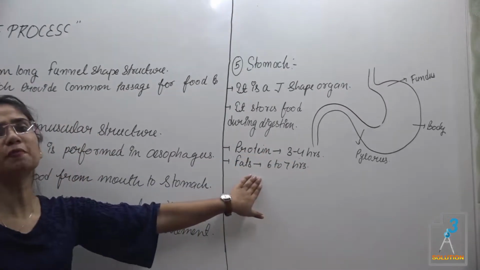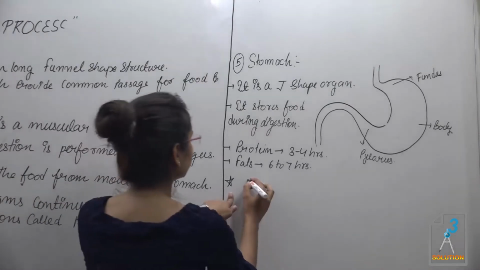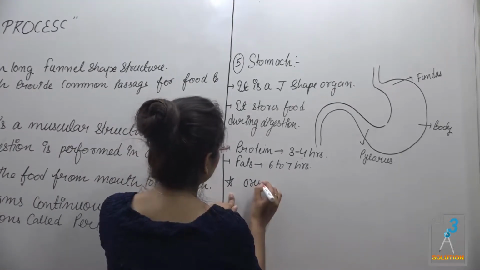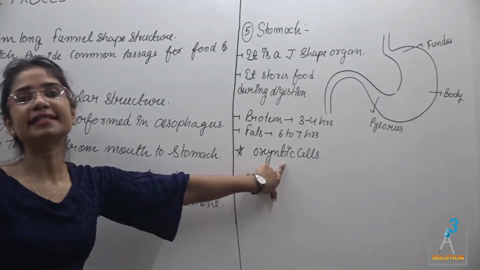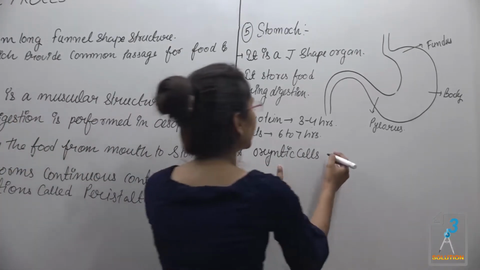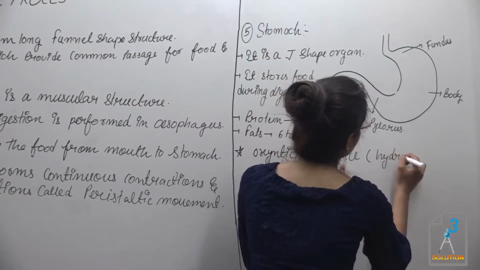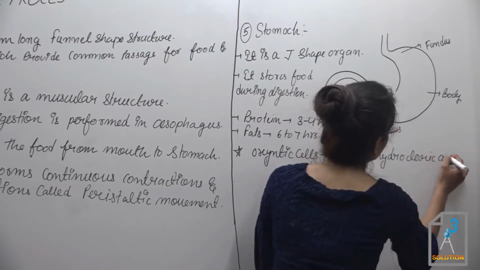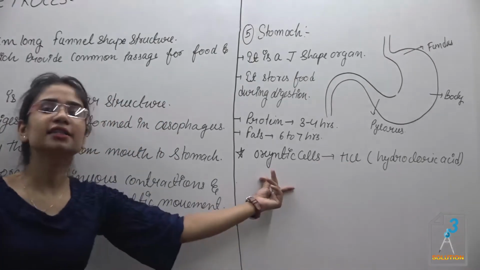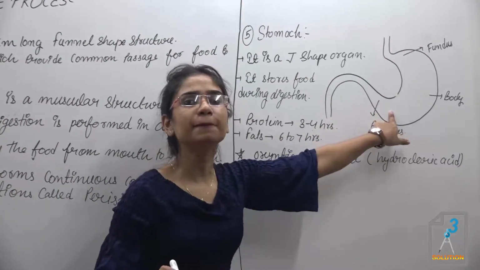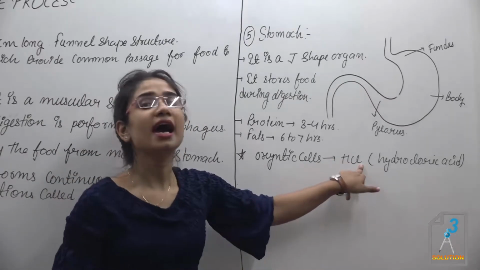Next up, there are some specific types of cells present in the stomach that are called oxyntic cells. These oxyntic cells secrete an acid that is called HCl, hydrochloric acid. Now, it is very important to know the function performed by this HCl.